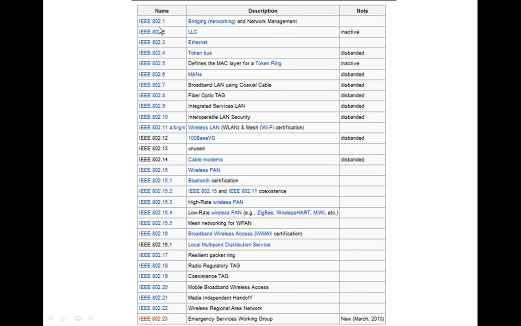We have IEEE 802.1 all the way to IEEE 802.23. Now, you're not expected to memorize all of these, but you probably already recognize that IEEE 802.3 is the standard for Ethernet. And IEEE 802.11 is the standard for wireless networking. It specifies voltage and frequency.